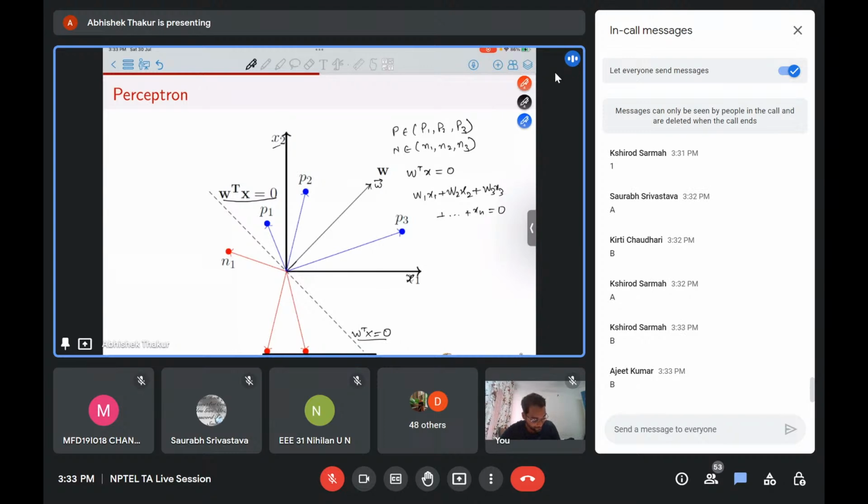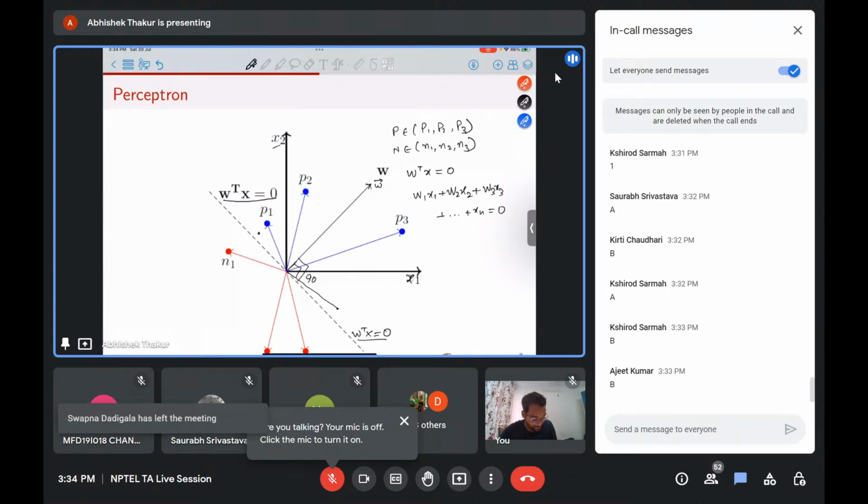If any point lies from here to here, whatever angle it makes with W is less than 90 degrees, because the maximum angle it can make is 90 degrees. Like this point is less than 90 because it is in between.